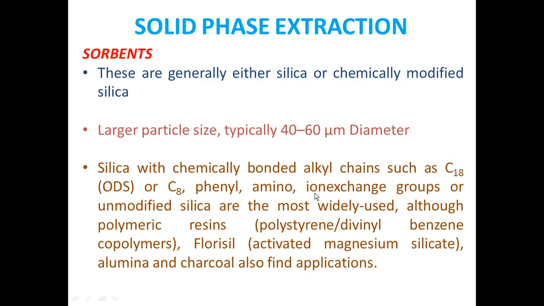These ion exchange groups can be introduced to styrene group of molecules. A copolymer of styrene and divinyl benzene, if you take at the fourth position of styrene, we can introduce this SO3H group. SO3H group will be a strongly acidic group, sulfonic acid group.